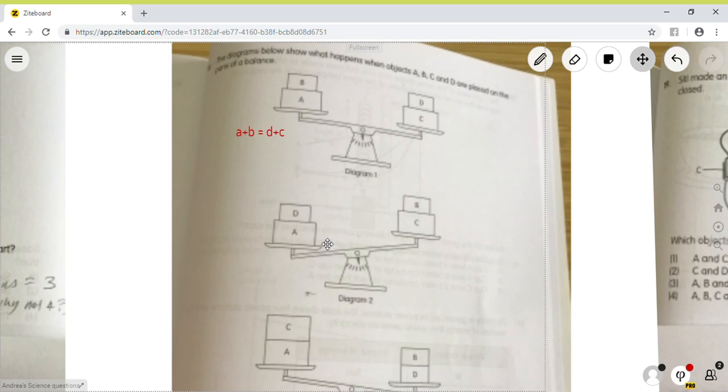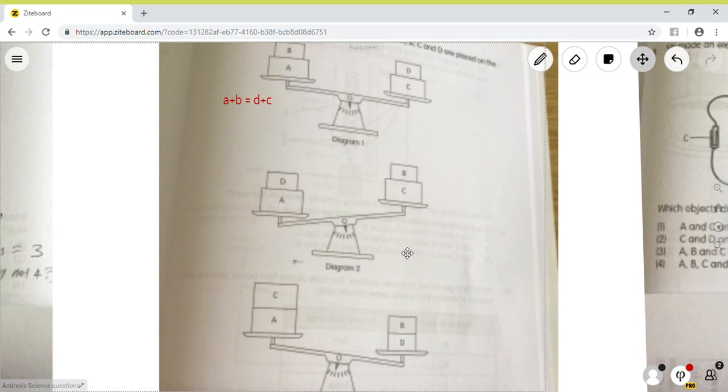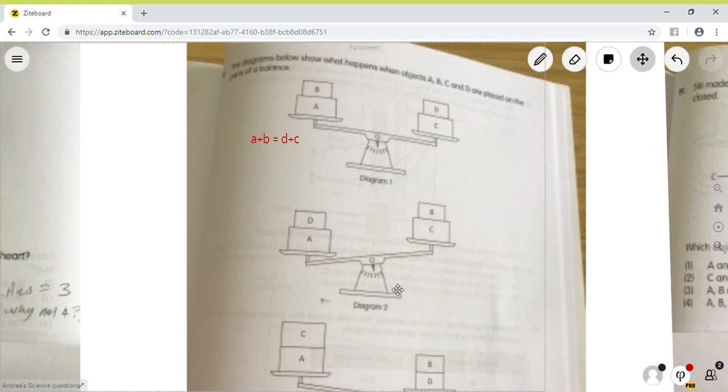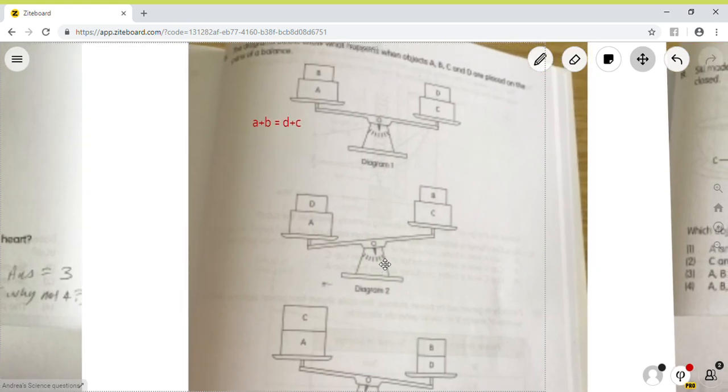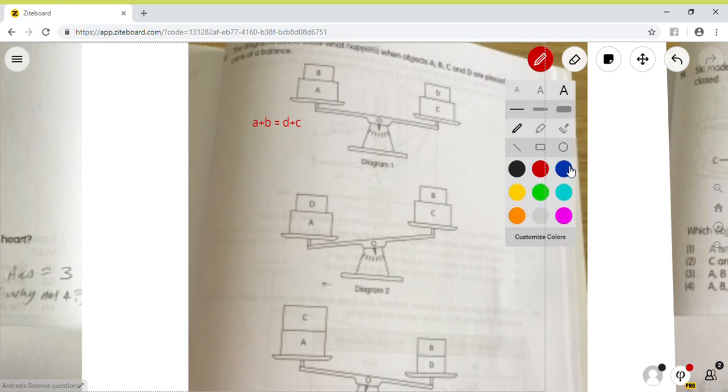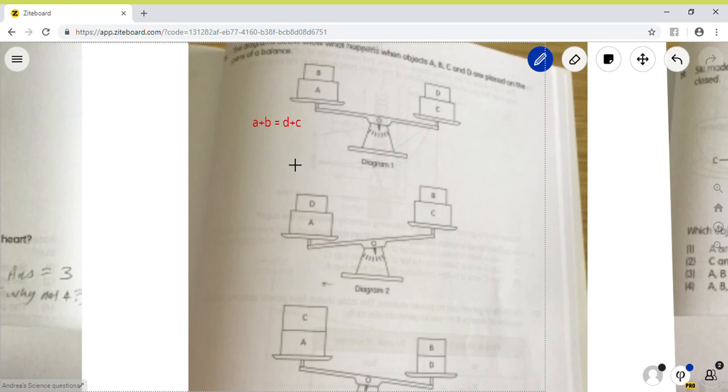A plus D is more than B plus C. Okay, faster way, let me see. Sometimes I add numbers, sometimes just to try. Like for example, A plus B equal to D plus C. Then AC is lighter than DA.